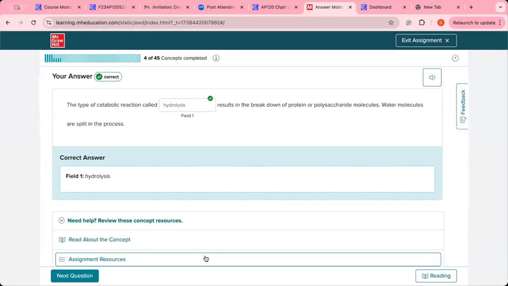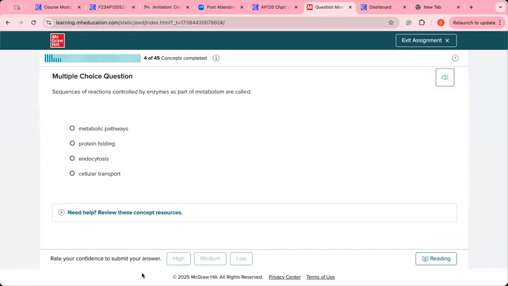Okay. Sequences of reactions controlled by enzymes as part of metabolism are called metabolic pathways, protein folding, endocytosis, or cellular transport.